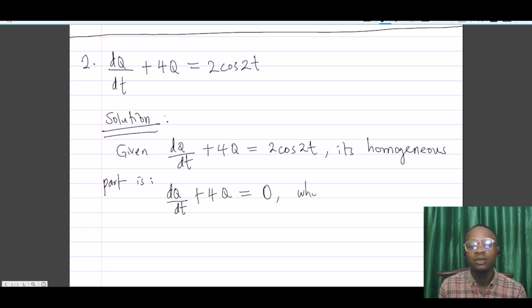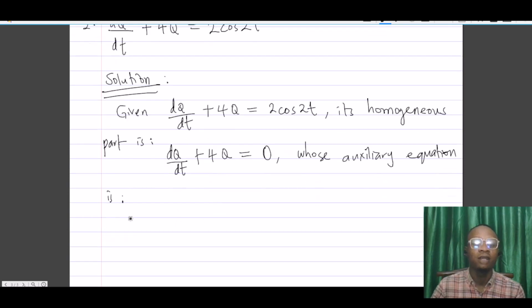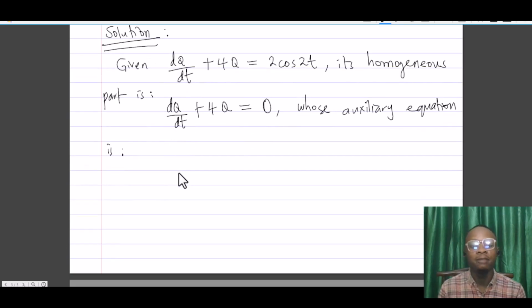So we identify the auxiliary equation quickly. It has q prime here, so this is m, so we just have m plus 4 equals 0. From here we see that m is equal to minus 4.